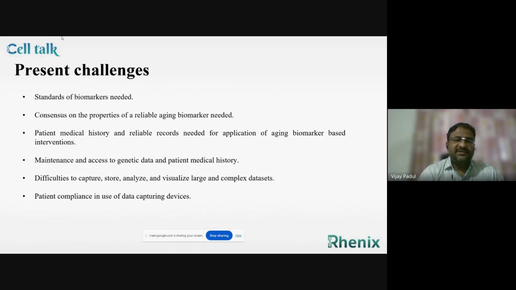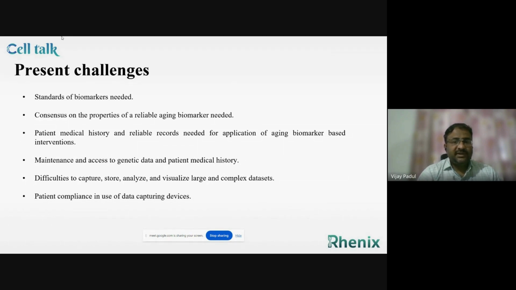Then maintenance and access of the genetic data and patient medical history. Genetic data is continuously created by different sequencing instruments, and is stored in certain kinds of formats which are accessed and probed with different software, which will give the information about that particular individual.